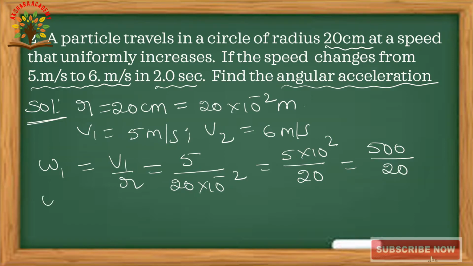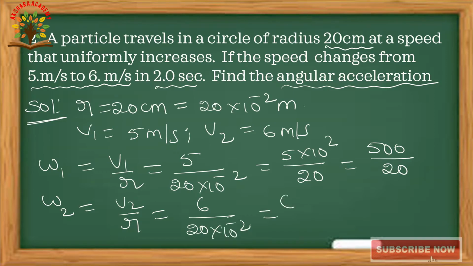And then omega 2 is equal to v2 by r, v2 nothing but 6, r nothing but 20 into 10 to the power of minus 2. Again this becomes 10 square by 20, that is equal to 600 by 20.